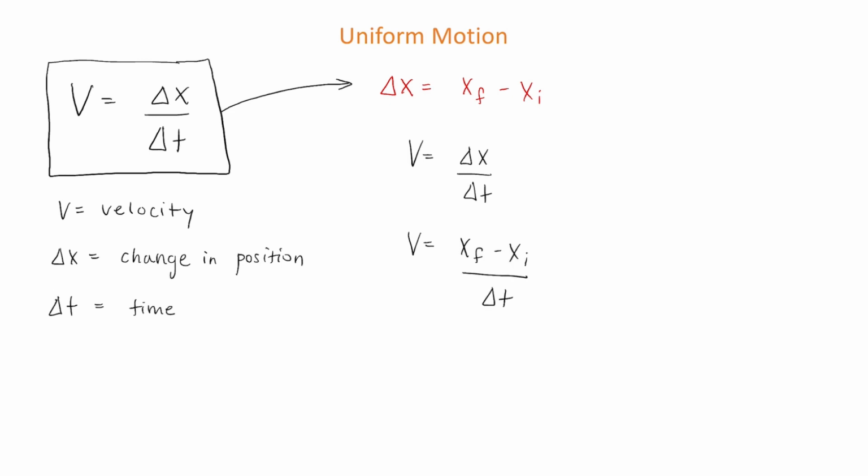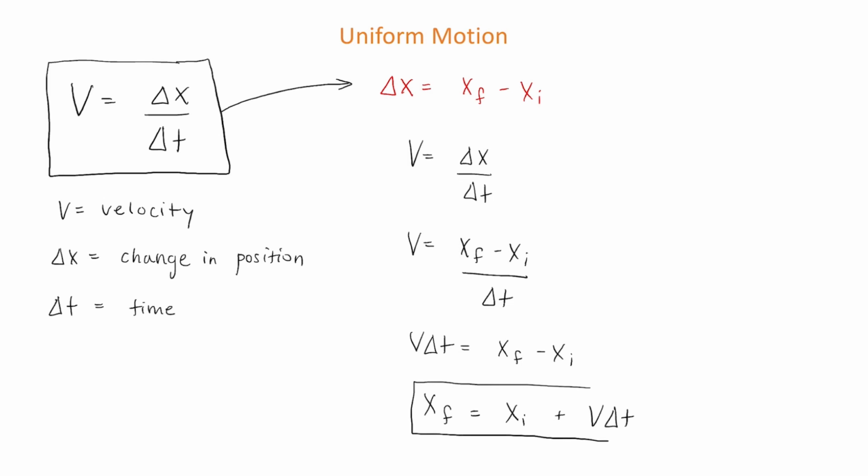Then we can rearrange and isolate for xf, the object's final position. And that gets us this equation, which says xf is equal to xi plus v delta t. This is just another way to represent our velocity equation, and I find it very helpful for answering questions.